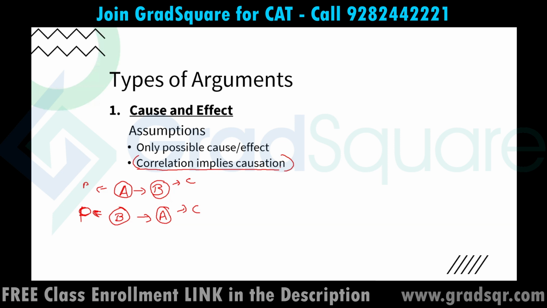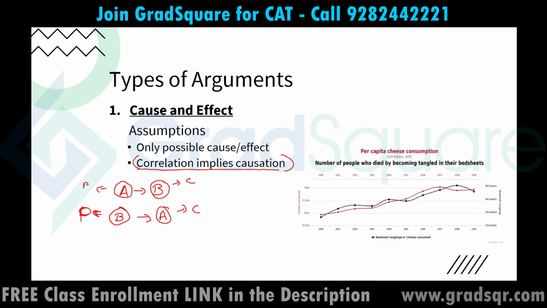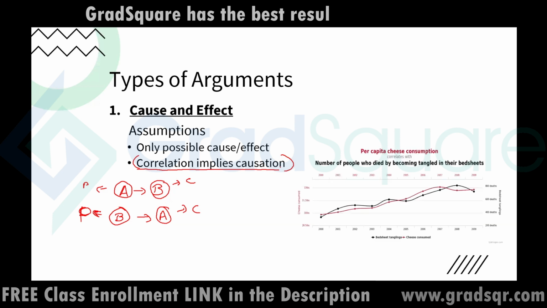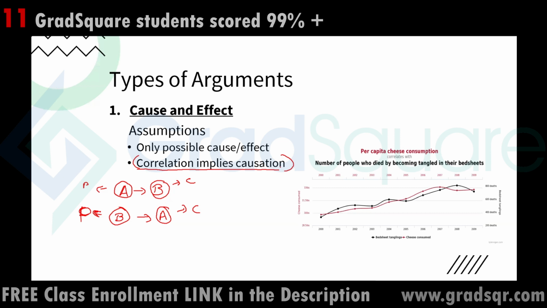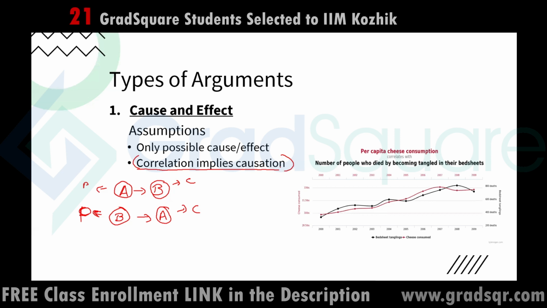If I look at this particular graph, the black graph shows the number of people who died by becoming tangled in their bed sheets, and the red graph is per capita cheese consumption. We can see that the trends of both graphs are similar. When red increases, black also increases. When red decreases, black also decreases.